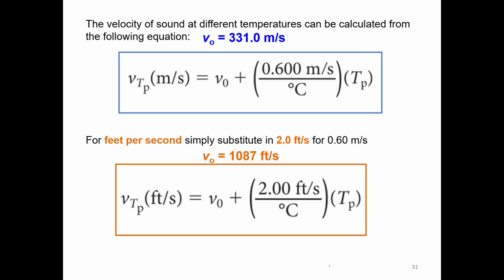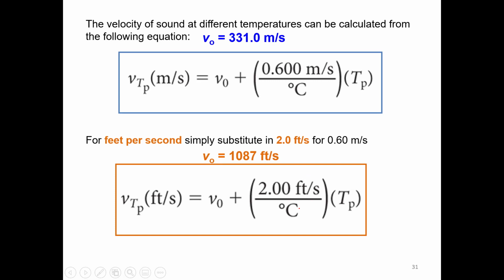We can do exactly the same procedure if we want to calculate the velocity of the sound in feet per second. Then we have to use this equation, because in this case the speed of the sound increases by 2 feet per second each degree Celsius. This is why the slope of the line is 2 feet per second per degree Celsius.